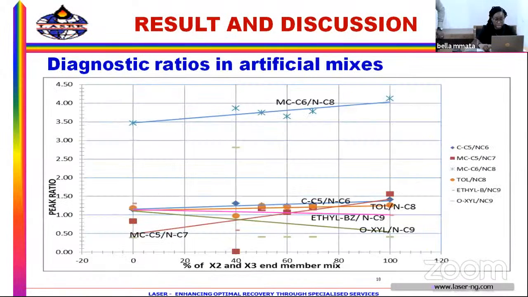Okay, so from slides 17 and 18, we used nC5 and nC6. Those are the two ratios that were used there. And if you look at the legend on the right-hand side, you can see that different ratios were used for this graphical representation of the artificial mixtures.